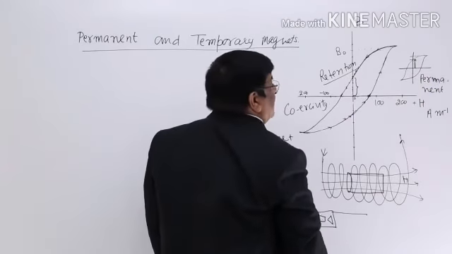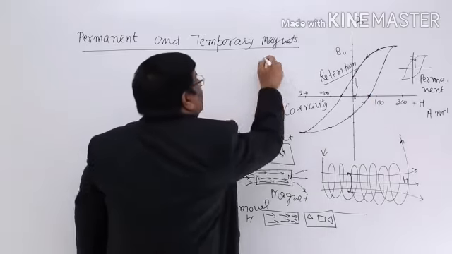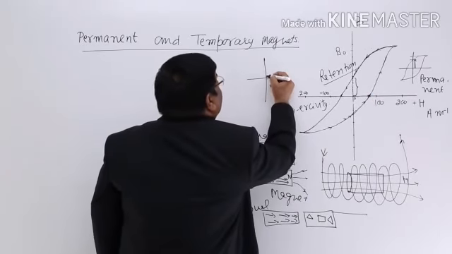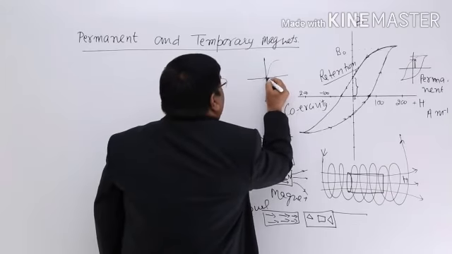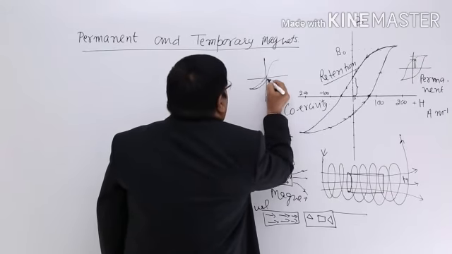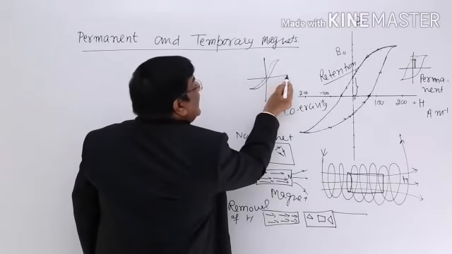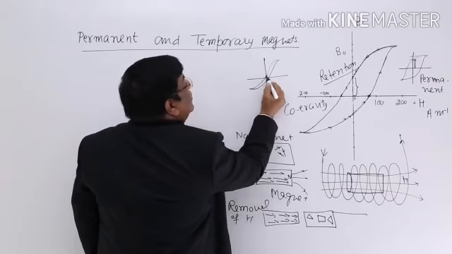A temporary magnet is one for which this retention is very small. Say like this. Here, when H becomes 0, only this much magnetism is there, which is almost 0.